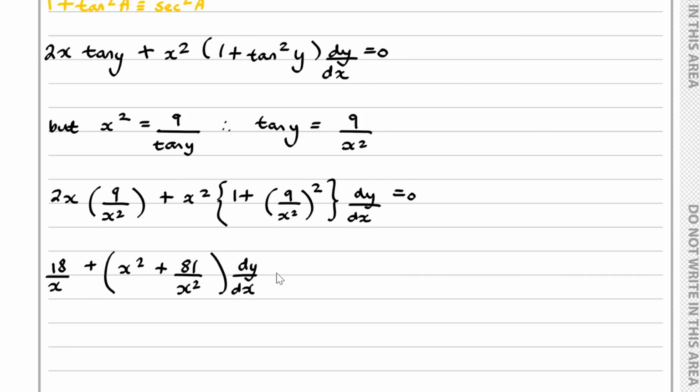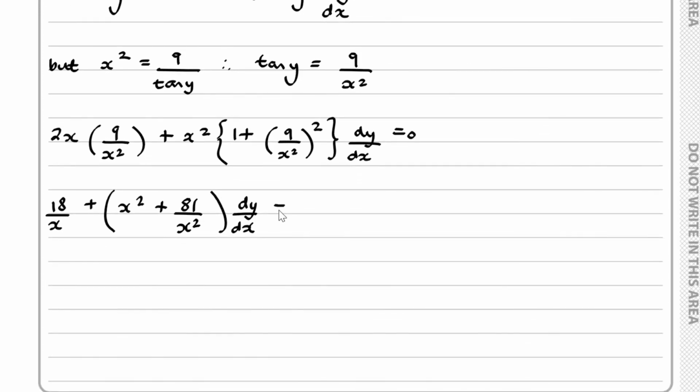So just pay attention to where your brackets are. And obviously this is equal to 0. So dy over dx is equal to, if I take this over to the other side, minus 18 over x divided by x squared plus 81 over x squared.